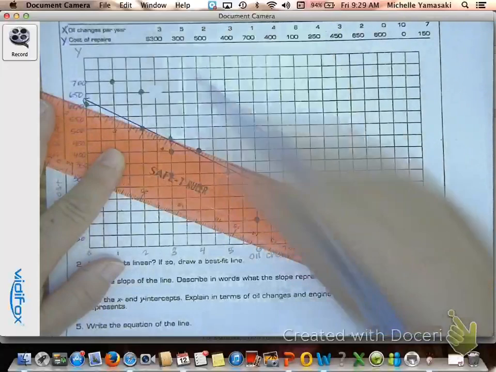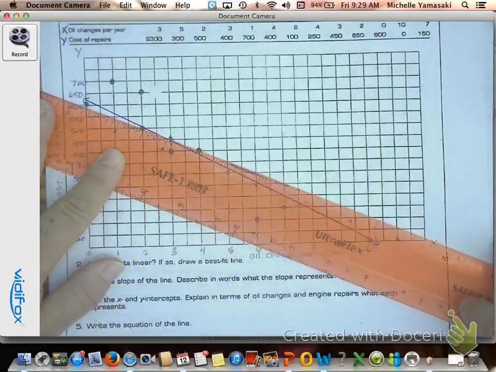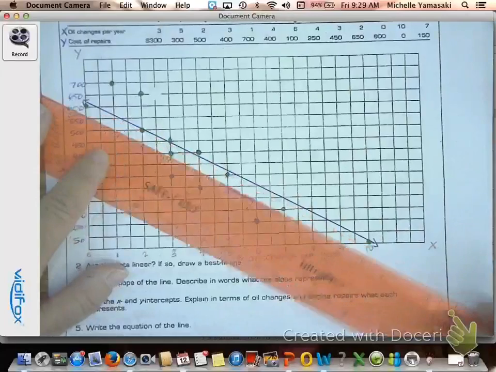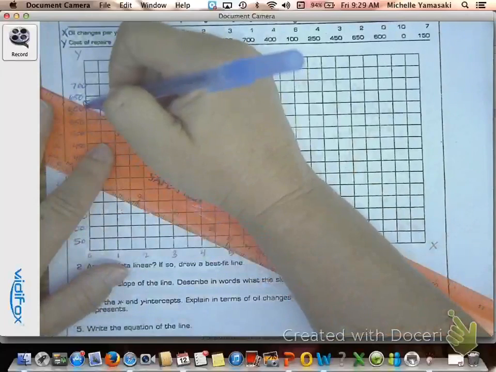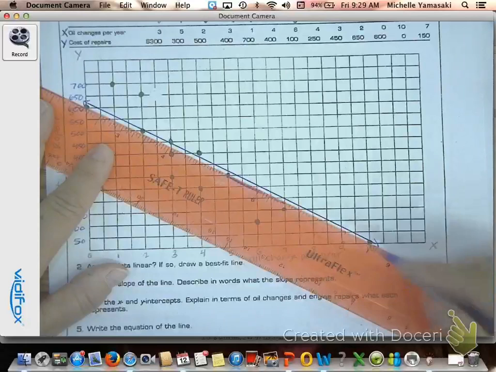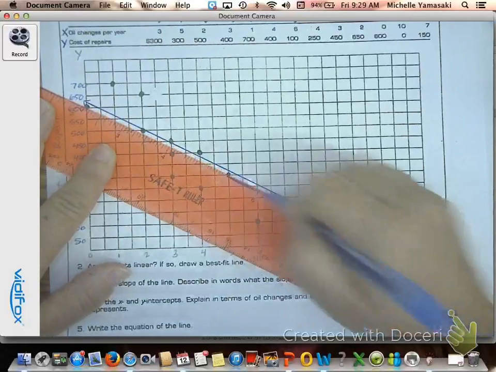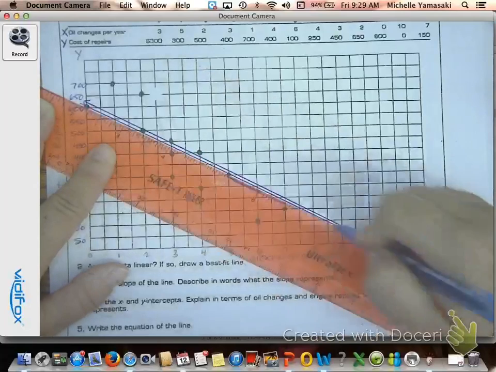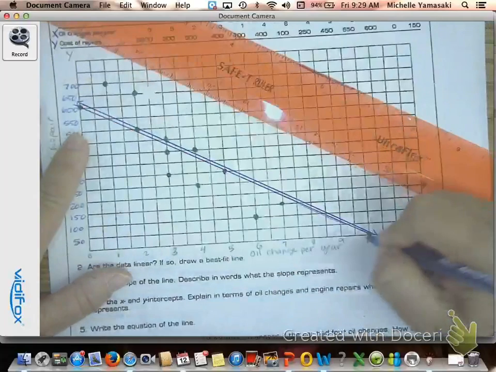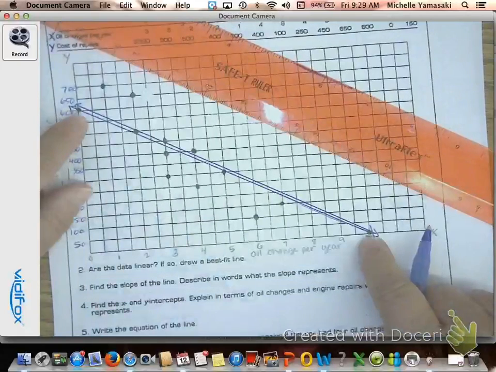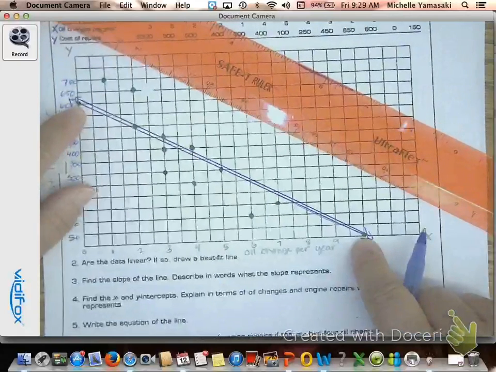But if I pick 2 points that are spread pretty far apart, I'm going to pick this one right here and this one. I think I'm going to do that. Let's see, mine. I'm going to pick this point and this one right here. So the further apart they are, the more accurate it will be.